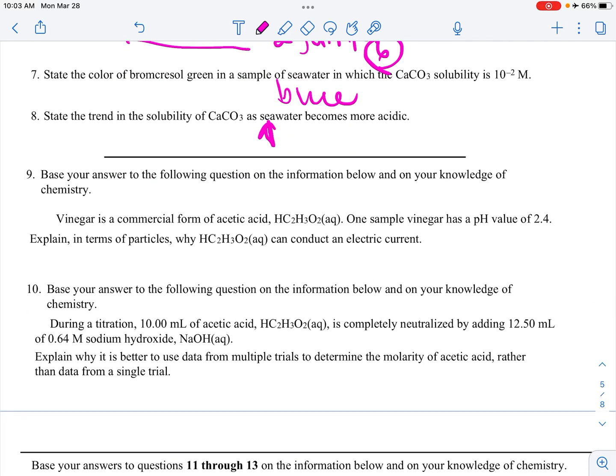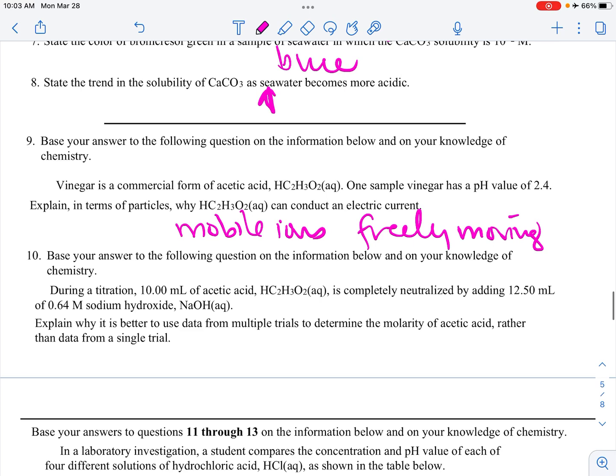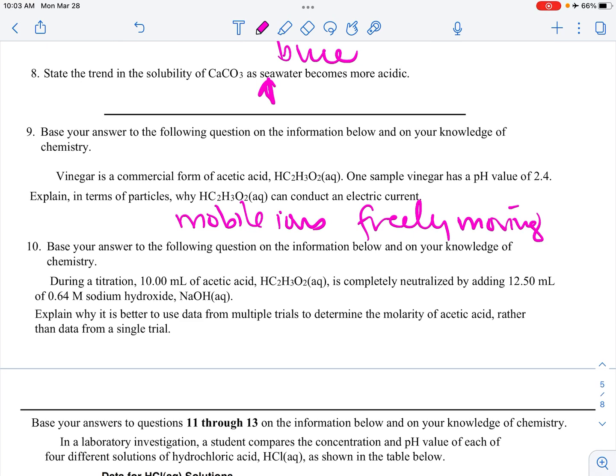All right, vinegar is a commercial form of acetic acid, and it has a pH value of 2.4. Explain in terms of particles why it can conduct an electric current. As with any electrolyte, we have mobile ions, ions in motion, freely moving, and that's what allows electric current to pass through. During a titration, 10 milliliters of acetic acid is completely neutralized by adding 12.50 milliliters of a 0.64 molar sodium hydroxide.